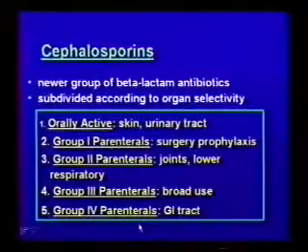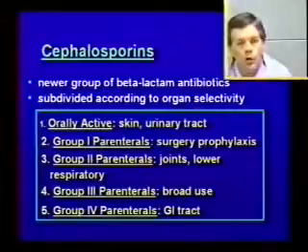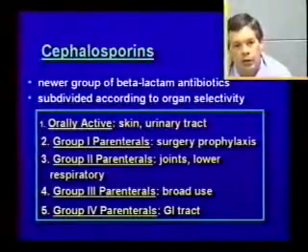Okay, the other group of the cell wall synthesis inhibitors are the cephalosporins. This is a newer group of antibiotics, but nevertheless sharing a common mechanism of action with the penicillins, that being cell wall synthesis inhibition. The cephalosporins are commonly divided according to the organs in which they are most preferentially active.